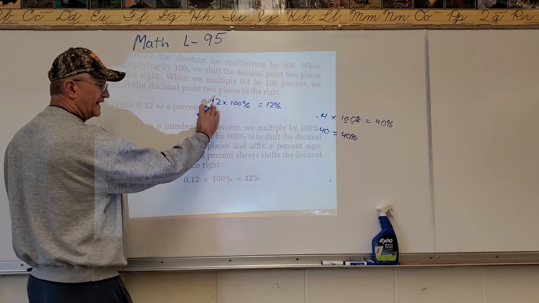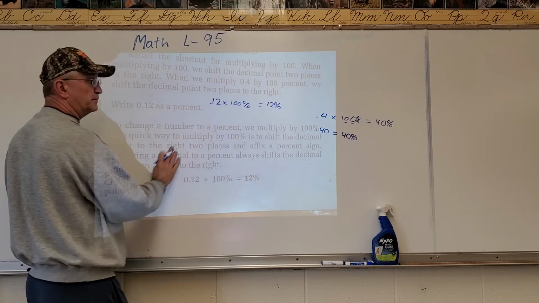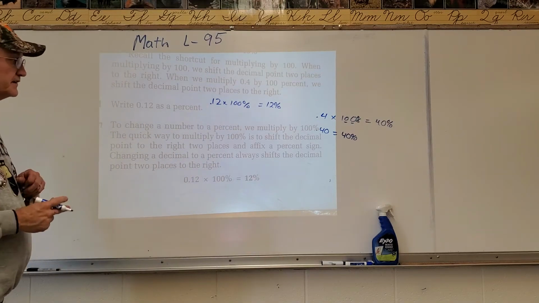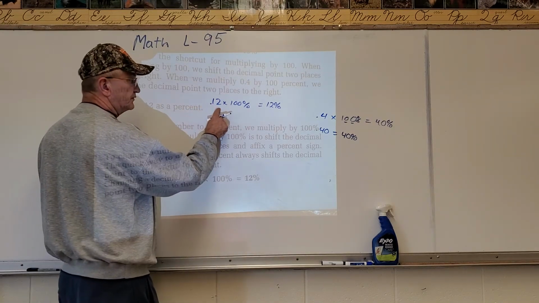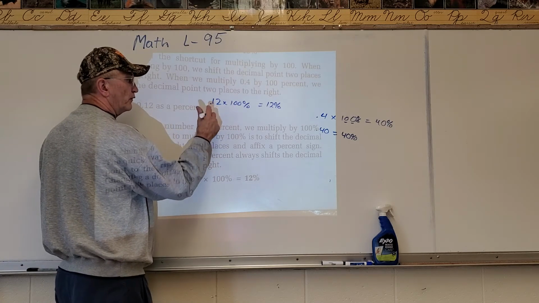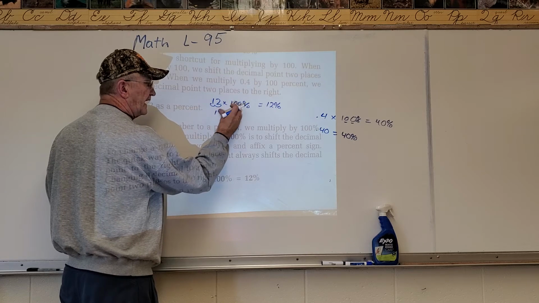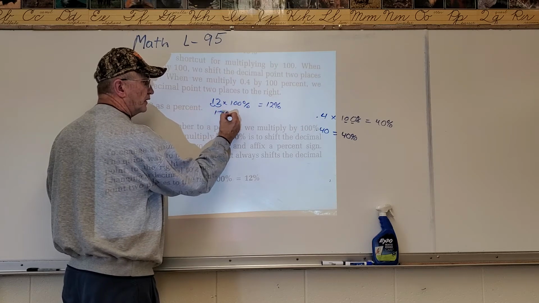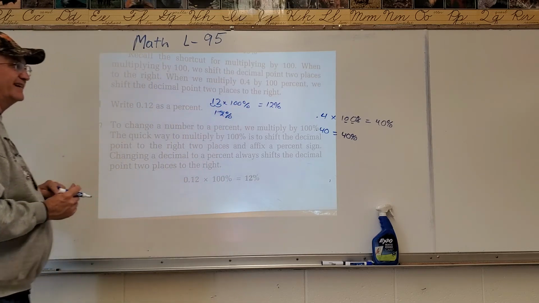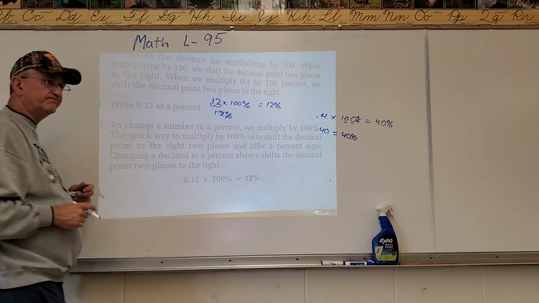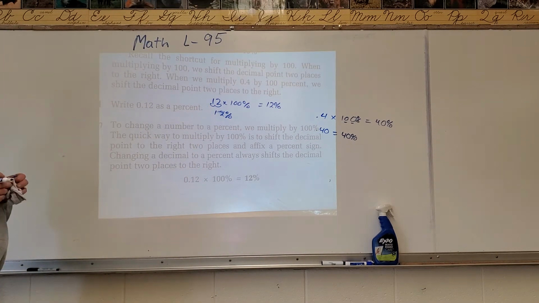The bottom line is, every percent has only 2 decimal places. So 0.12 times 100, I move my decimal 1, 2, and I have my answer of 12%. The decimal movement is typically easier to do, but you're free to do it either way.